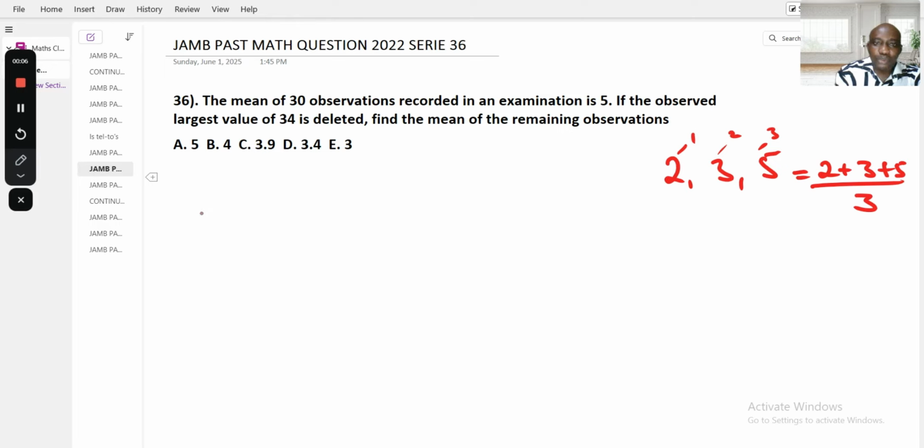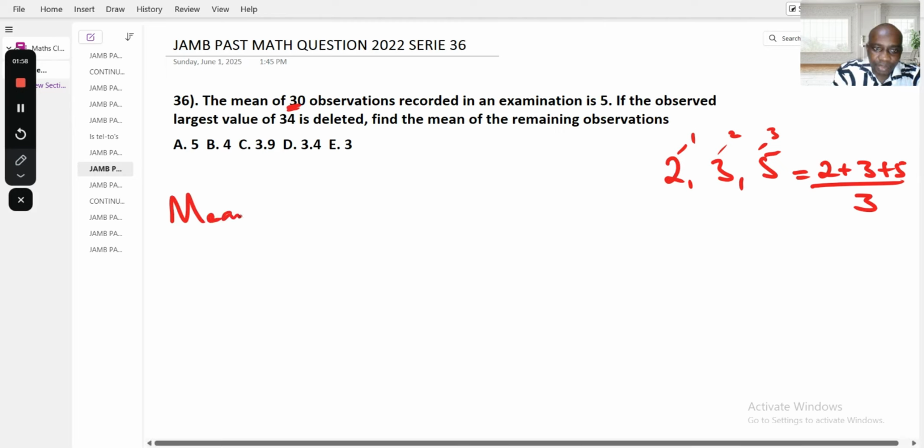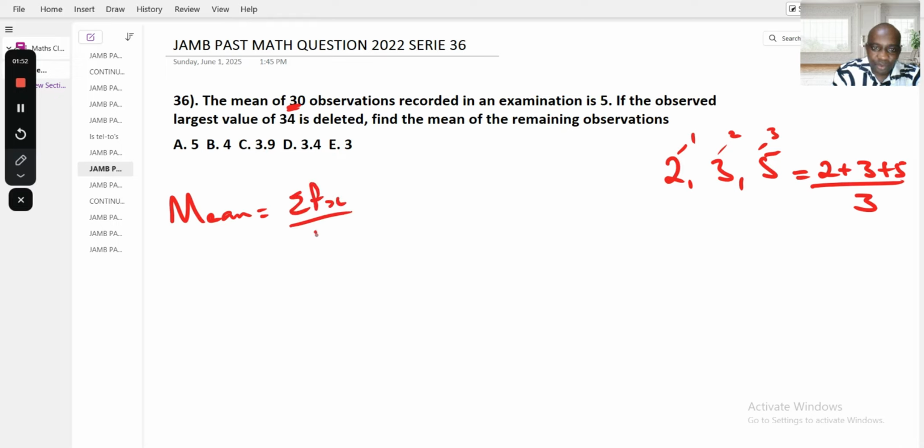Now we look for the total, because this 30 represents the frequency. Now let me write out the mean formula. We have the mean formula like this, total over frequency. We don't know the total of these observations yet, like we had 2 plus 3 plus 5.